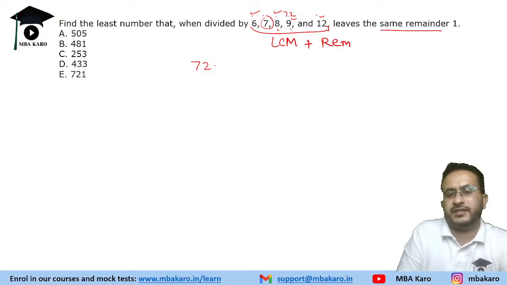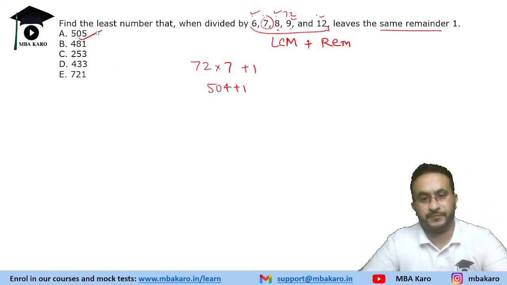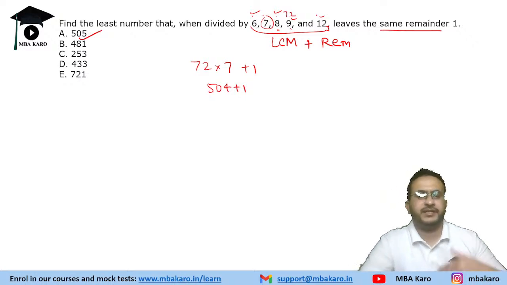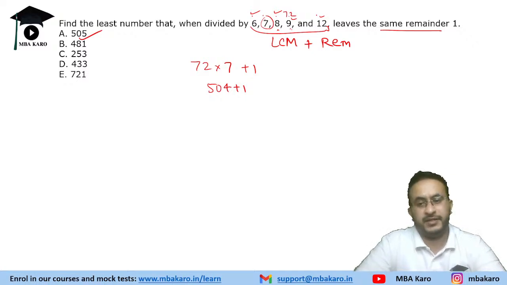And 7 is again a prime number. So this is 504, plus 1. You will get 505 as the answer. So this is a standard LCM application: for the least number, you take the LCM plus the remainder.